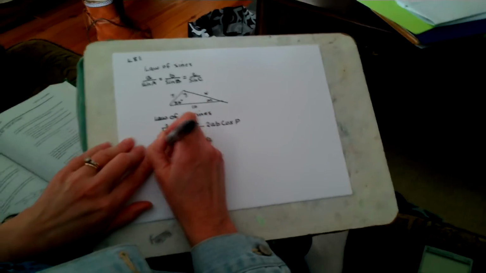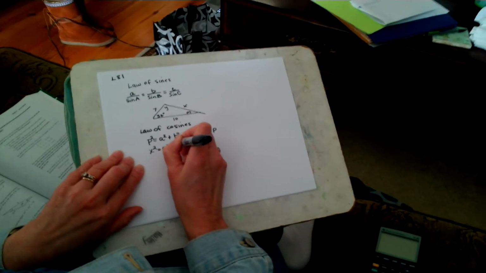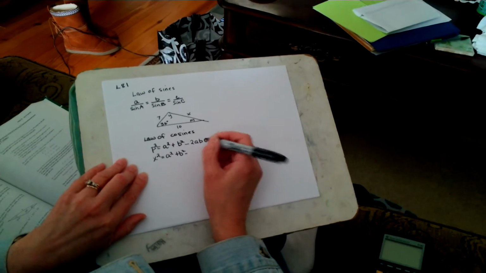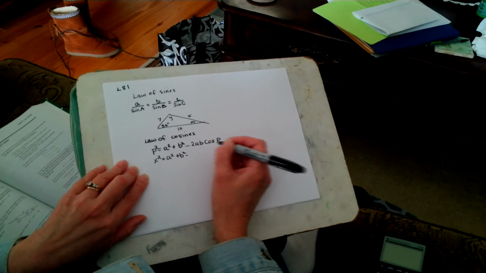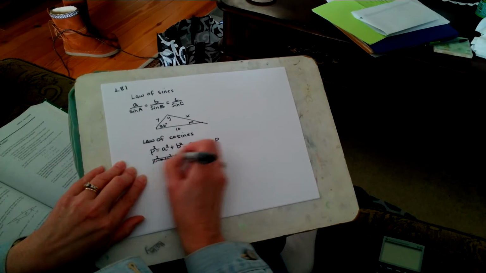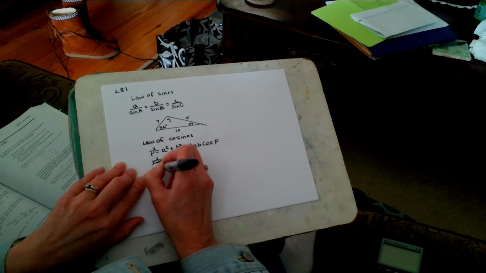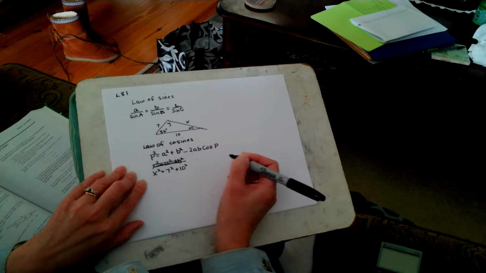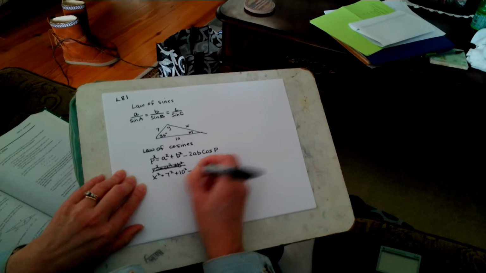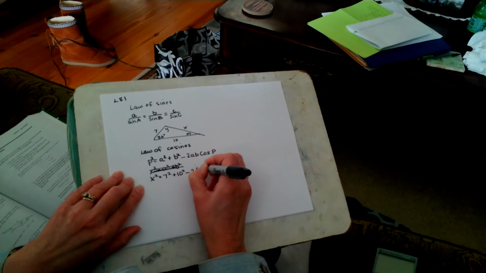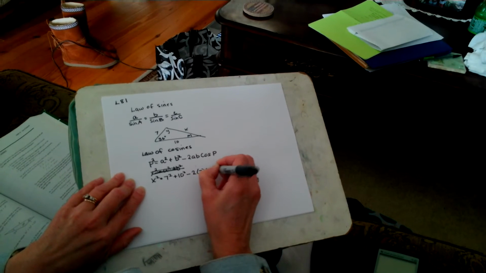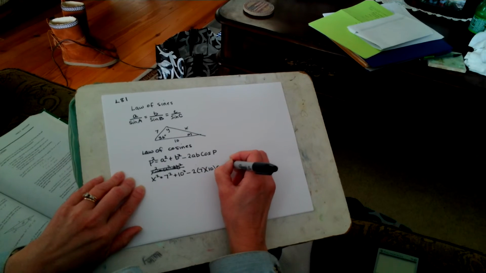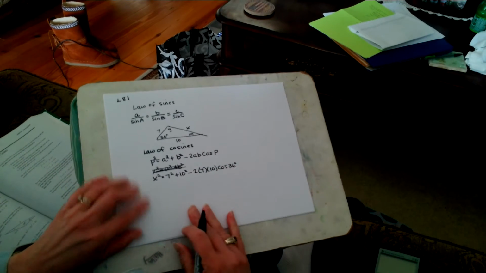So x squared is equal to 7 squared plus 10 squared minus 2 times 7 times 10 times the cosine of 36 degrees.